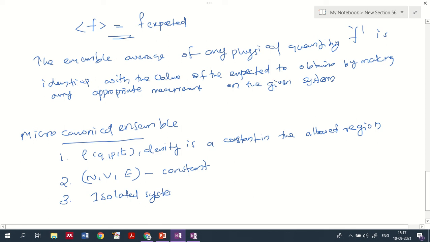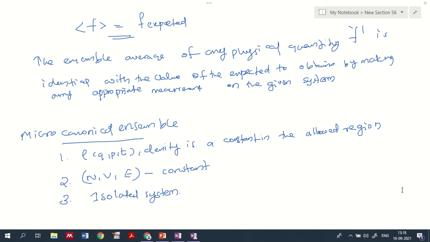So the density is constant in the allowed region; N, V, E are constant; and it is an isolated system that doesn't share energy, particles, or volume with nearby systems. That's about the microcanonical ensemble.